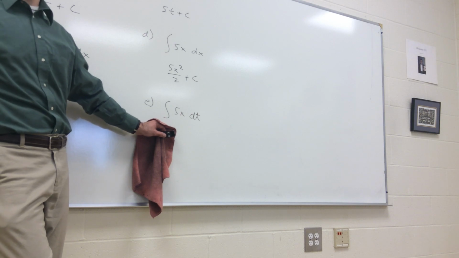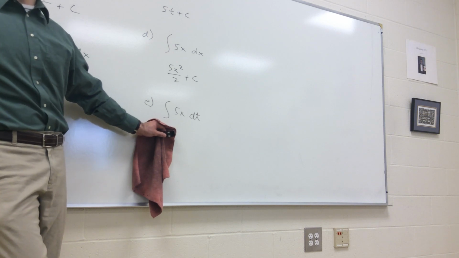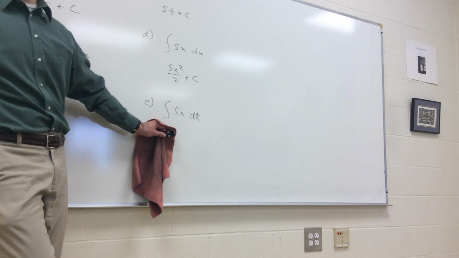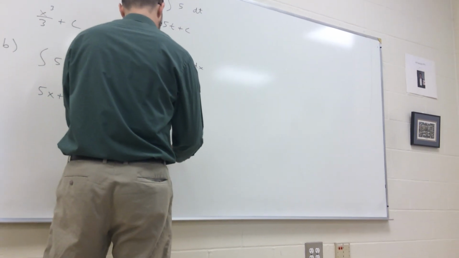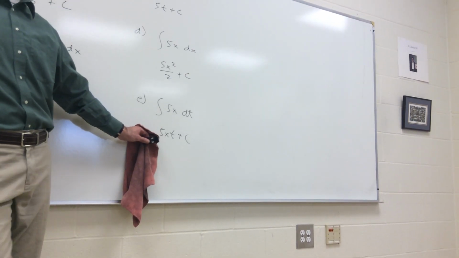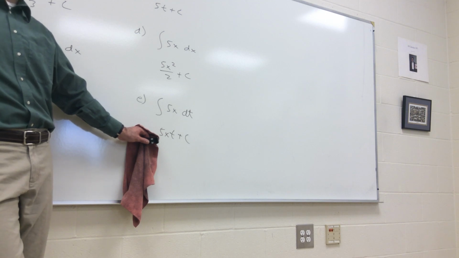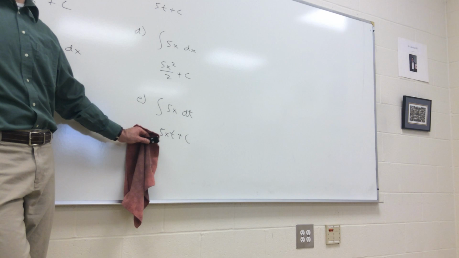T is the variable. So apparently x could be 3. If x was 3, then that would be 15, and the answer would be 15t. If x was 2, that would be 5 times 2, t. So it's 5xt. Because apparently 5x is a number. That's the most philosophical thing we've done today. Is everybody okay with that?